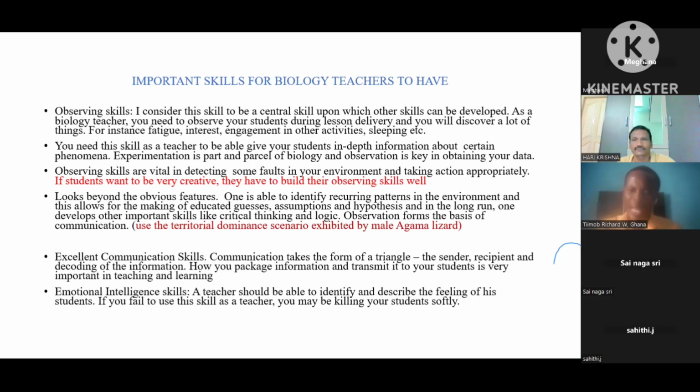So your facial expressions and a whole lot of things the students will see in you will be very crucial during the course of the lesson delivery.